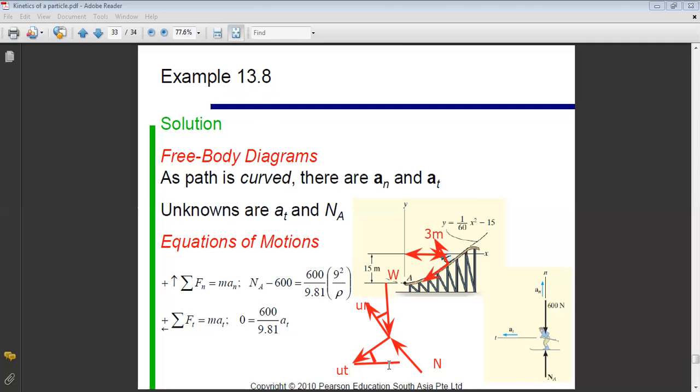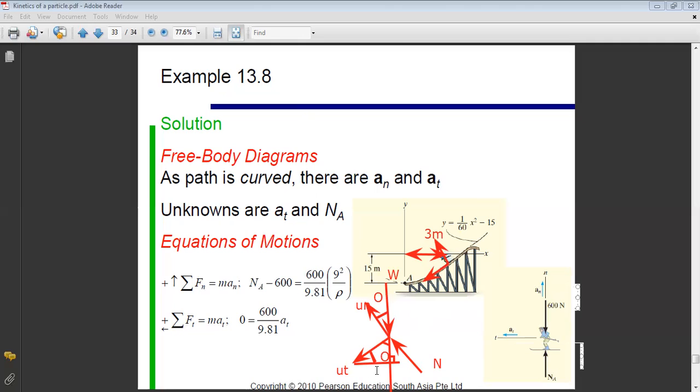If this is angle theta, and the weight is perpendicular to the horizontal, then extending the weight line, the weight makes an angle of 90 minus theta with the inclined line, and therefore it makes an angle of theta with un, because the sum of these two is 90 degrees. So the angle between the weight and un is theta. Therefore, to project the weight on un and ut, I should calculate the angle theta.